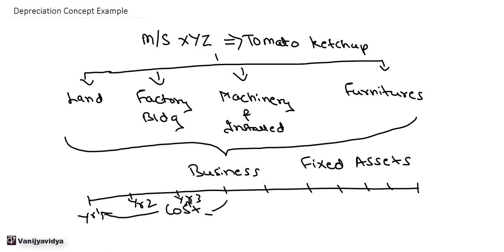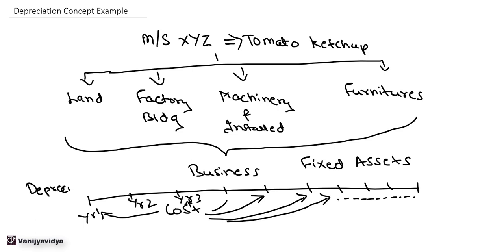Since the cost is very high, we cannot charge it against the income of one specific year. It has to be allocated over the useful life of the asset, so as to get a fair view of the net income. So this allocation of the cost is known as depreciation.